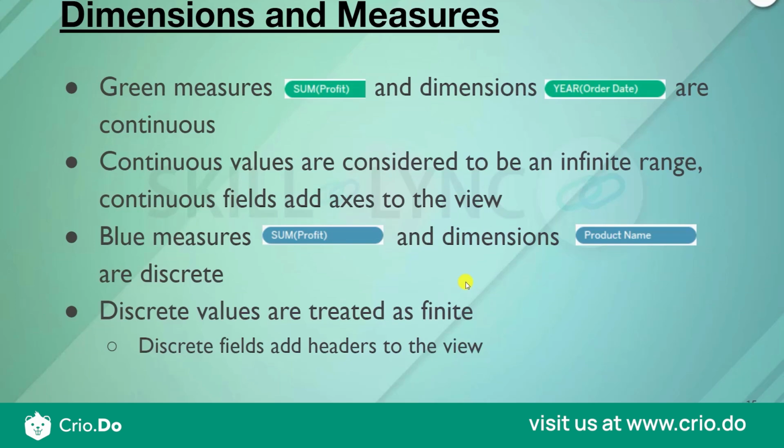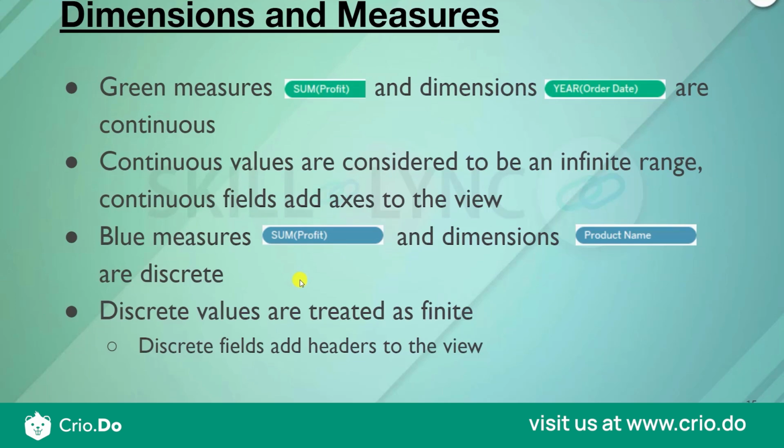These values add an axis to your view. If you drag and drop a green pill onto your view, it will create an axis. Blue ones are discrete. They will not create an axis, but they will create headers for you.